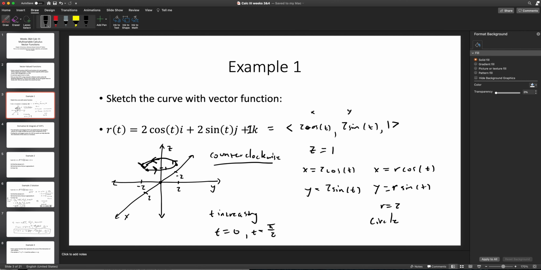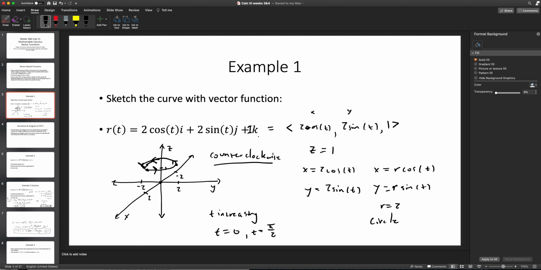So we have to sketch 2 cosine t i plus 2 sine t j plus 1 k. I already wrote out the solution here, but you could put this in component form. We see z is equal to 1 because there's a 1 in front of the k.